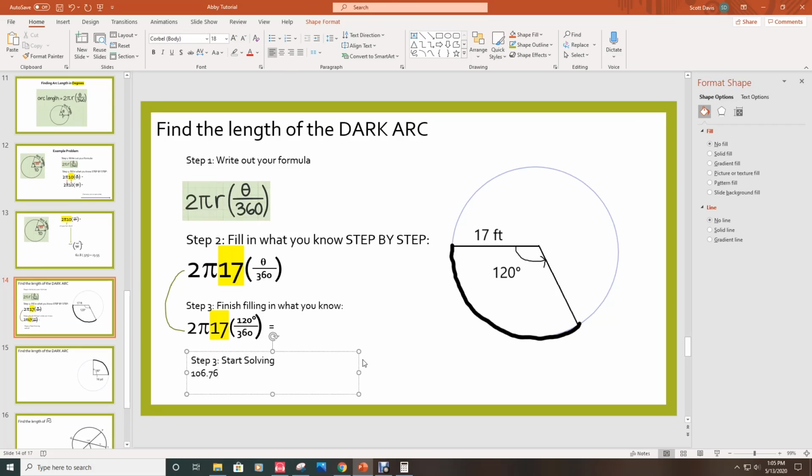And then the next thing that I'm going to do is I am going to write out this 120 degrees divided by 360 degrees. I'm going to write it again. Okay, I'm just going to leave it like that. Does that bother you? I don't want to make it confusing, but I know that it's facing the different way.